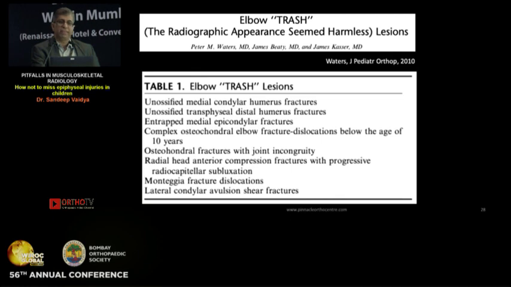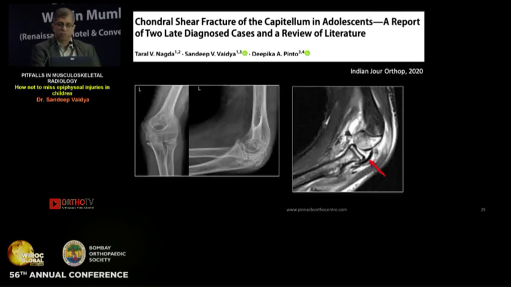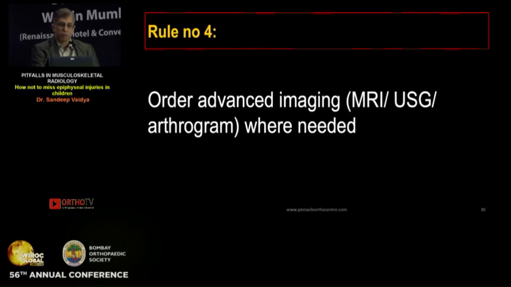These injuries cannot be diagnosed on X-rays because they pass through the cartilage, and advanced imaging is required to diagnose them. We have described one form of TRASH lesion, that is chondral shear fracture of the capitulum, which is impossible to diagnose on X-rays because the fracture fragment is completely cartilaginous. So rule number 4, order advanced imaging where needed.